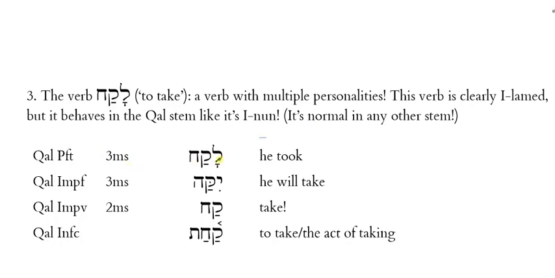We have laqach, just like, for example, nagash. So nagash, the nun is visible, the lamed is visible, so in the qal perfect, one nun verbs are normal, and this one lamed verb is as well.